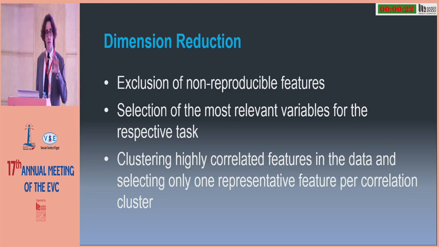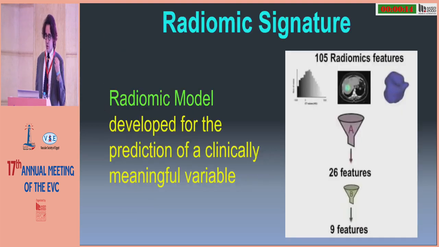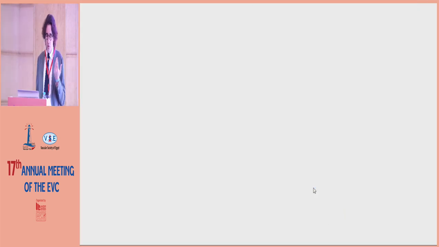And then when we identify a cluster of features which are similar one to the other, we can take one of them to be representative of all this cluster. So basically, from hundreds of features, we have to go down and reduce it to tens, and then ideally 1, 2, 3 features. And this will help us having a functional model of radiomics that can be used in our clinical practice.